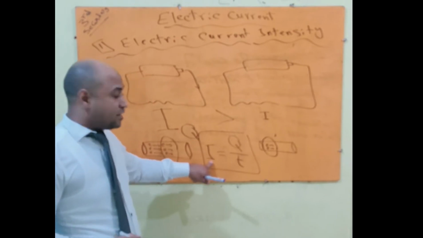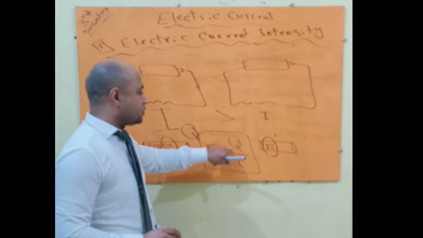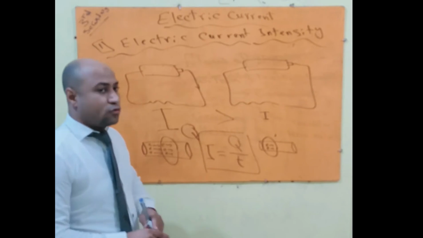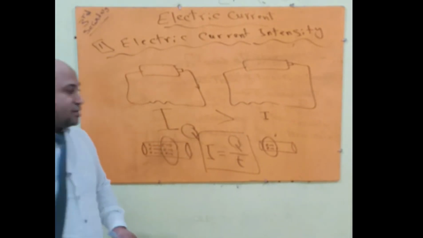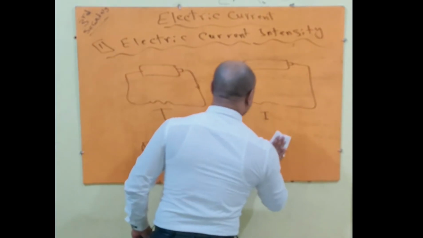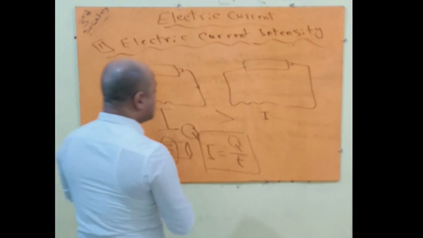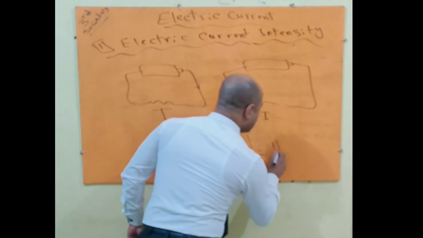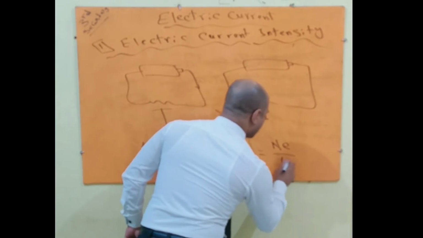Electric current intensity equals Q over T. Q is the quantity of charges that flow through the cross-section area of the conductor in 1 second. How can we get the quantity of charges? It is the number of electrons that flow through the cross-section area.